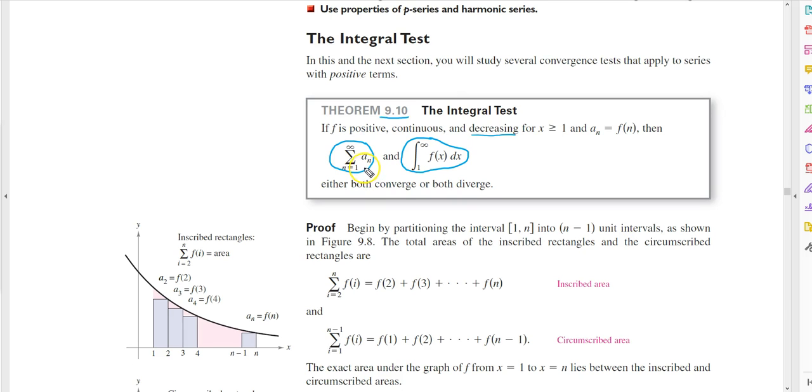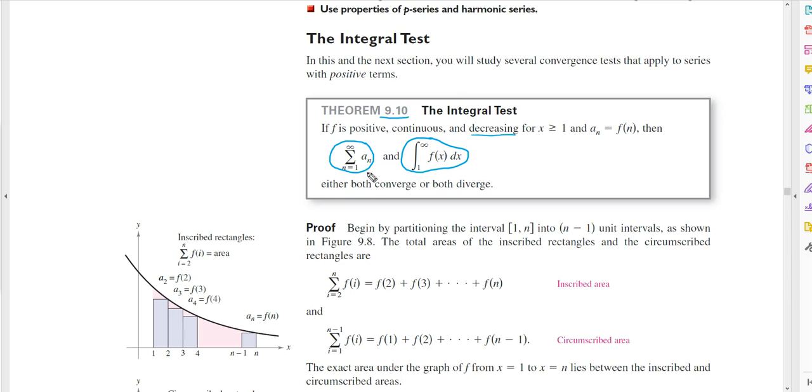If you recall the prior section, we did have some series that we could actually evaluate exactly, but those series had to be either a geometric series or a collapsing series.